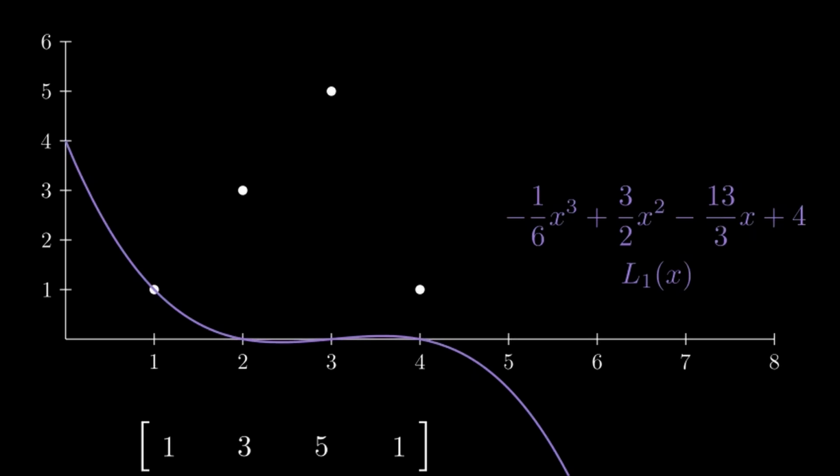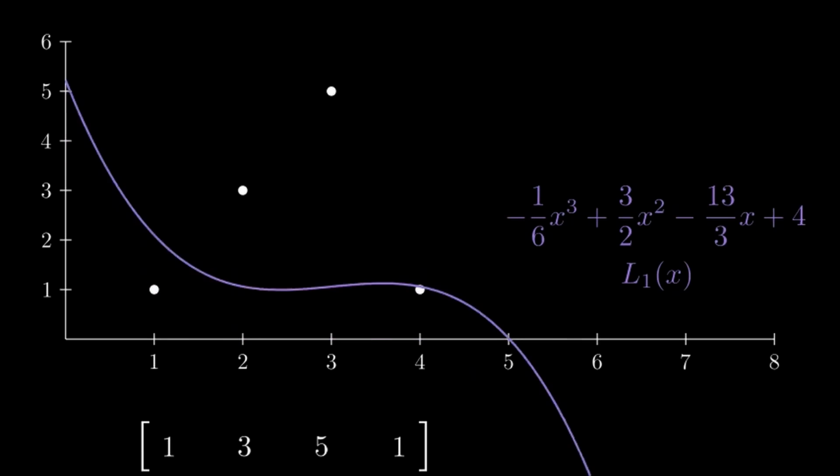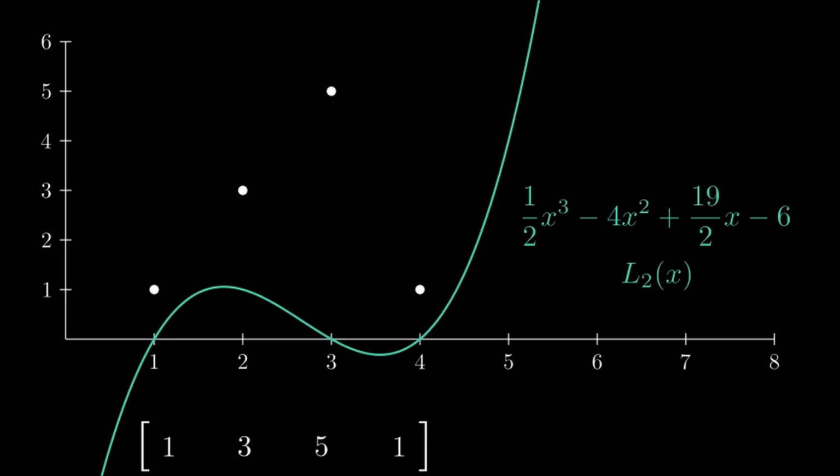Because the space we're interested in contains 4 points, our Lagrange polynomials are of degree 3. So our second Lagrange polynomial takes the value 1 at x equals 2, and it takes the value 0 for x equals 1, 3, or 4.